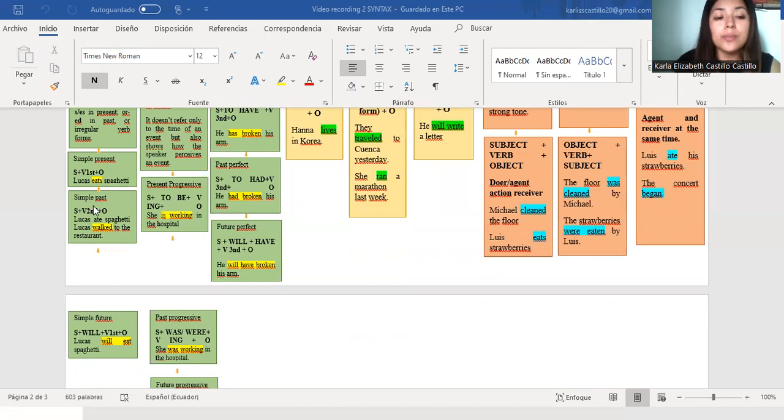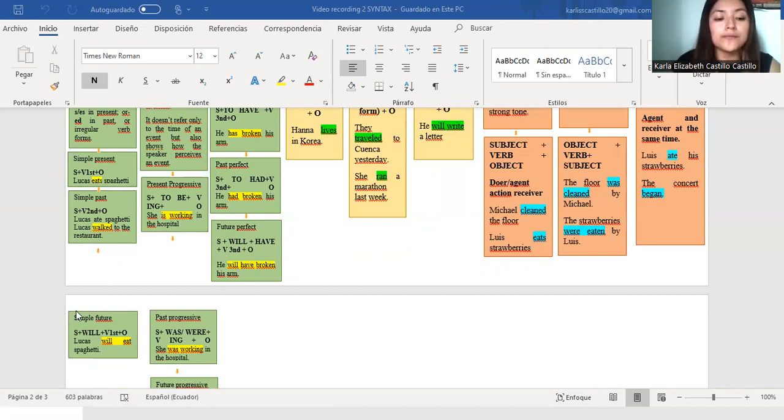In the simple past, follow the grammatical rule: subject, verb in the second form, and object. For example, Lucas ate spaghetti and Lucas walked to the restaurant.